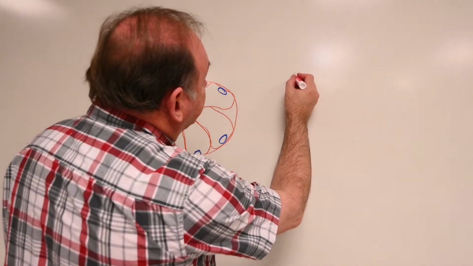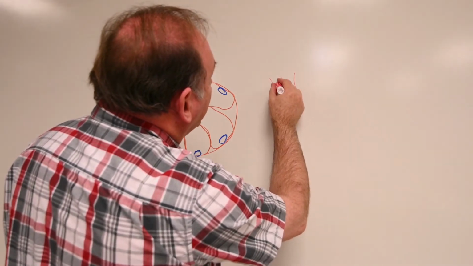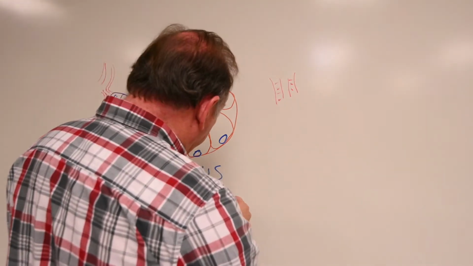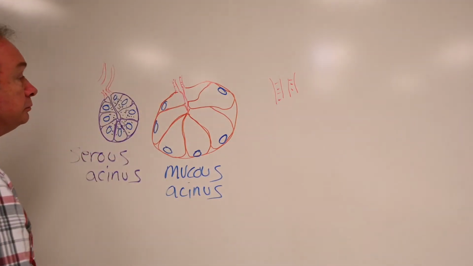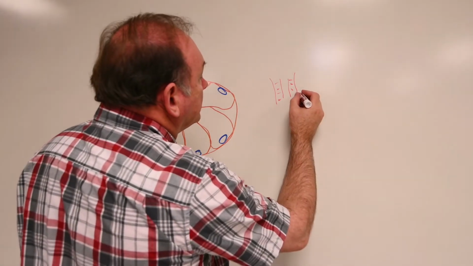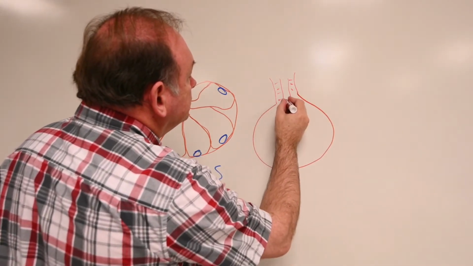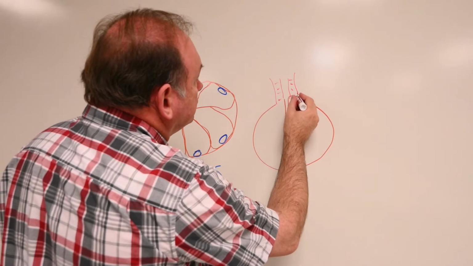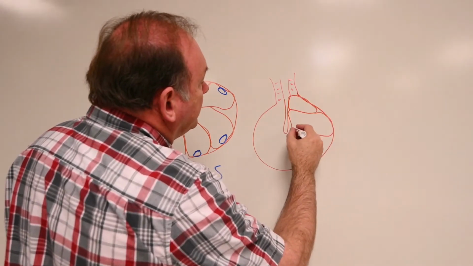So we have a duct that leads into the gland. Here's our duct coming in, made of cuboidal epithelium typically. But as we go into the gland, we get these large mucous cells that show up in here.